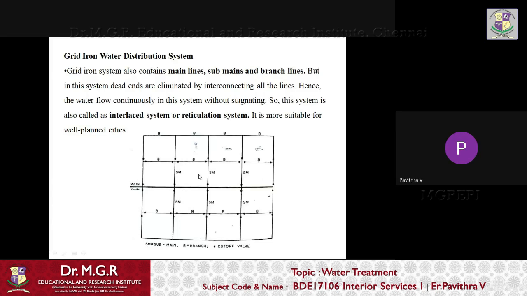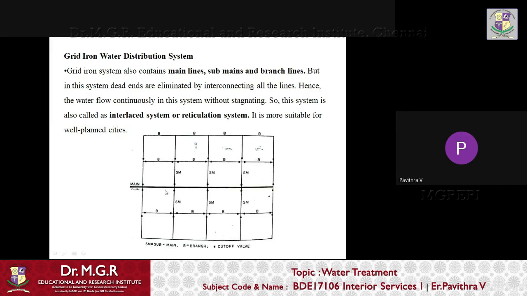The main advantage compared to the dead end system will be that each and every pipeline itself will have a separate cutoff valve. So there will be many cutoff valves provided for each and every line. When you see the diagram itself, you can see from the main to the submain to the branches, all the pipelines will have the cutoff valves.